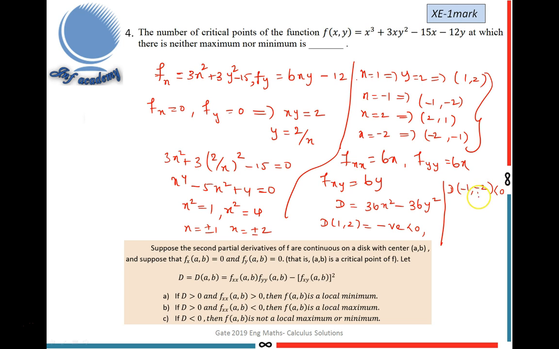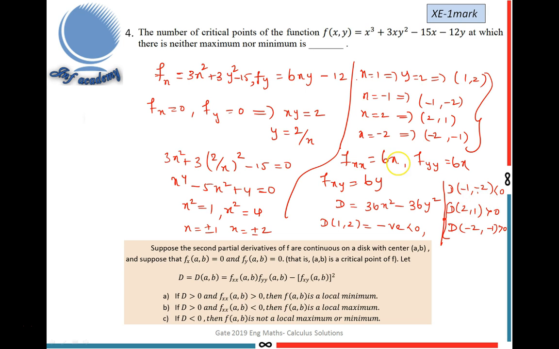So in that place, f has neither maximum nor minimum. Next, D of 2 comma 1. This is positive, greater than 0. D of minus 2 comma minus 1. This is also greater than 0. In those places, I would have to check the next step, fxx, but it is not needed, because only the first 2 points have neither a local maximum nor minimum.